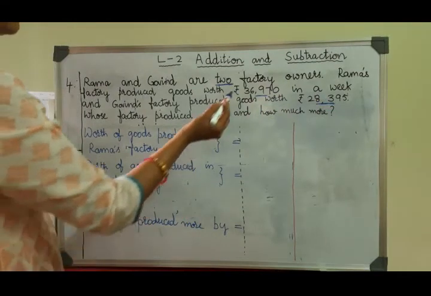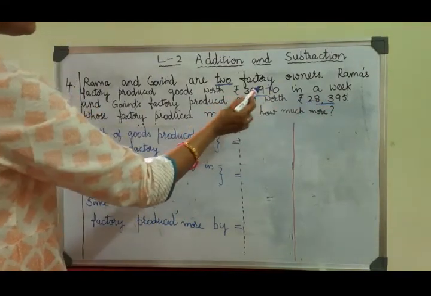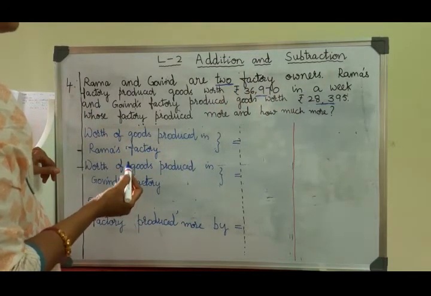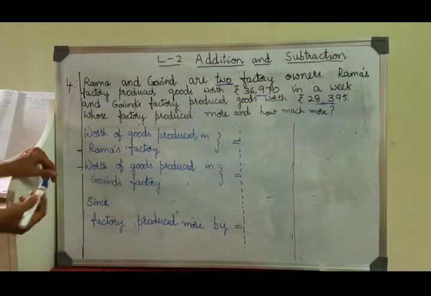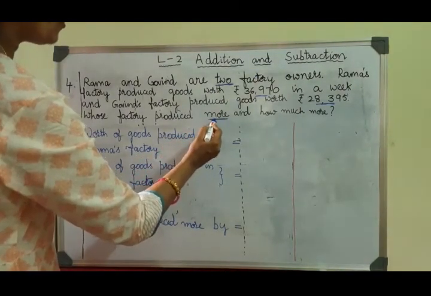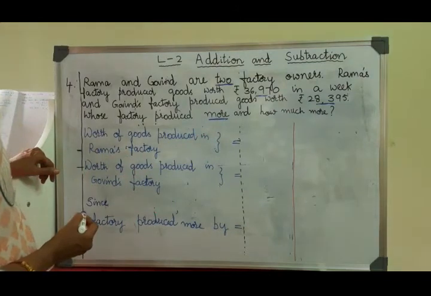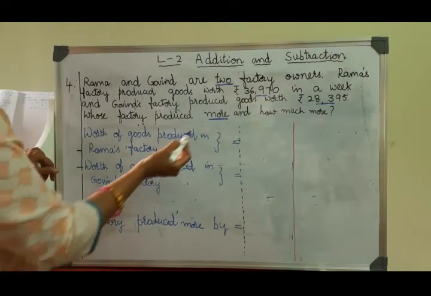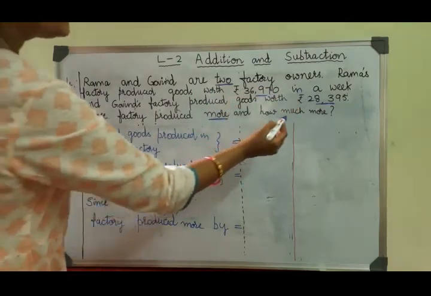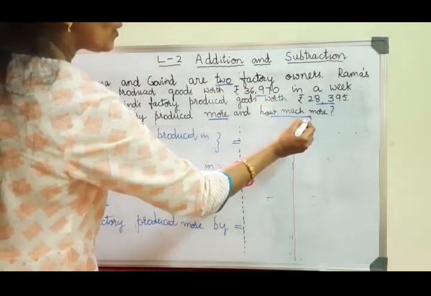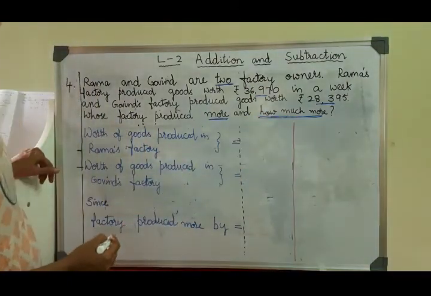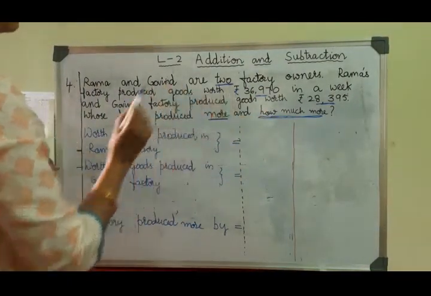We have to compare these two numbers and decide which factory produces goods of more worth and by how much. Which factory produces more worth of goods, we can find out by comparing these two numbers. Now by how much more, we have to find out. By how much means we have to subtract the smaller number from the greater number.